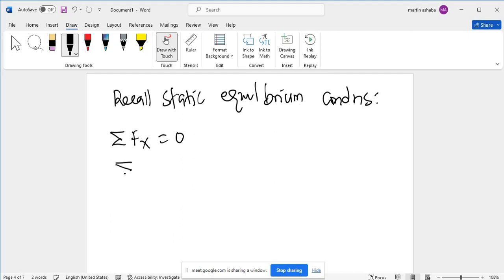The sum of forces in the vertical direction must equal 0, and the sum of moments about a particular point must also equal 0.